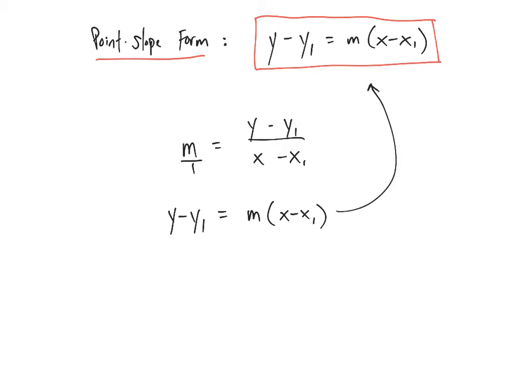So the point-slope form is just a derivation of the slope formula.